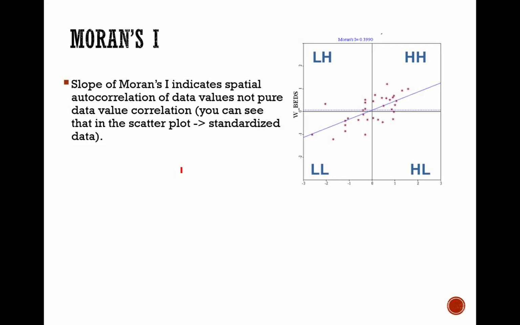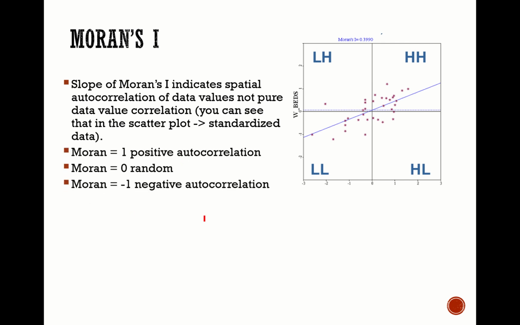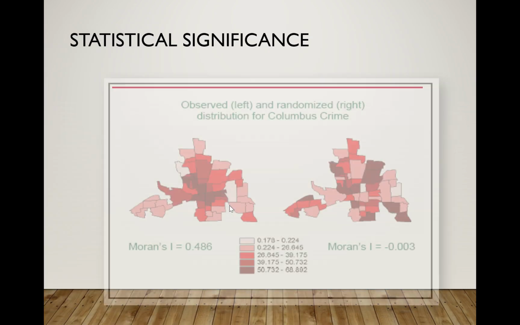So again, the main metric that we get from the Moran's I is the I, or the slope value itself. And we can interpret this: positive values indicating clustering, negative values indicating more regular or dispersed spatial correlation. But even if we have a relatively high Moran's I either way, we have to look at the p-value to determine whether that autocorrelation is significant or not.